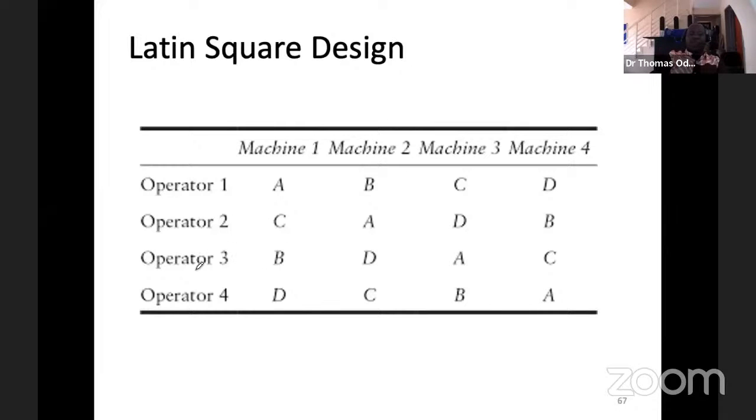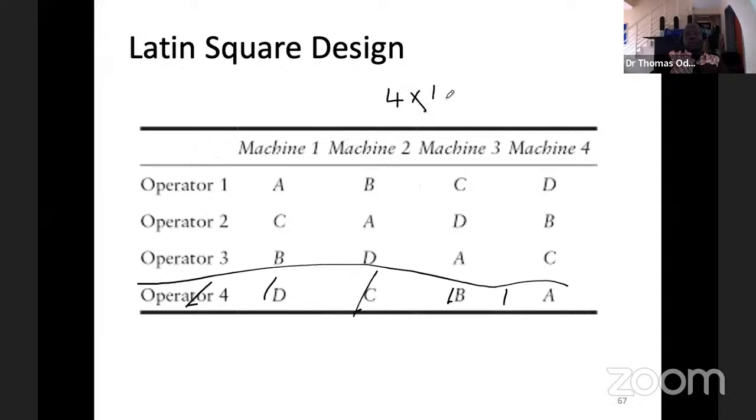So we can have a situation where we decide to get rid of this. Okay. So now instead of having a 4 by 4, we now have a 3 by 4, 3 rows and 4 columns. So now this becomes incomplete. It's an incomplete Latin square design.